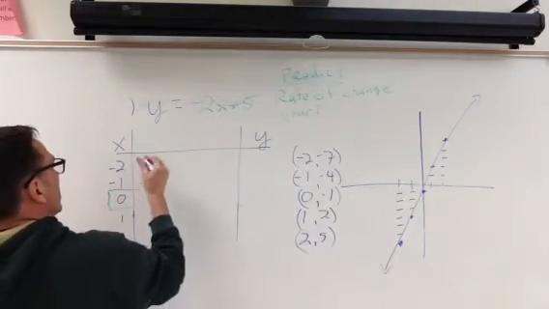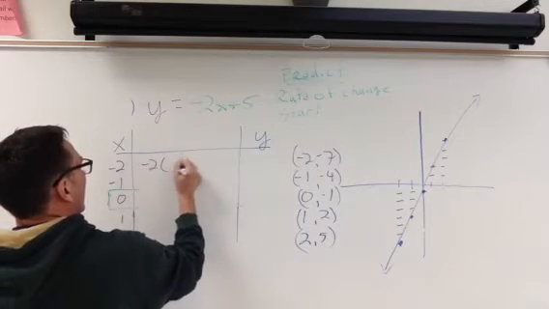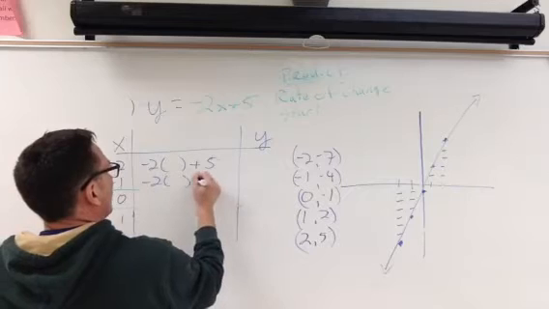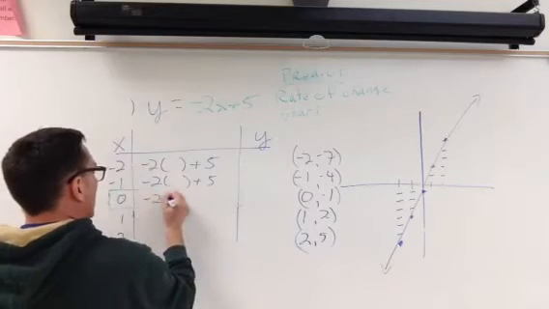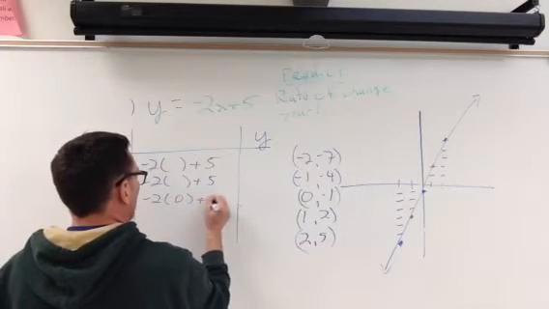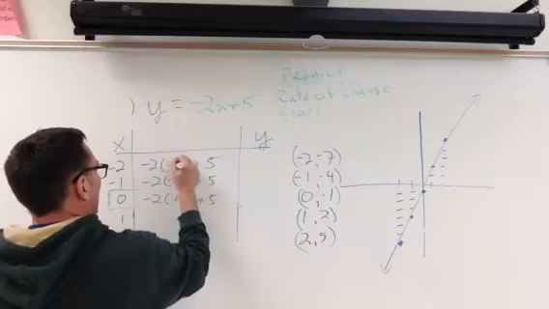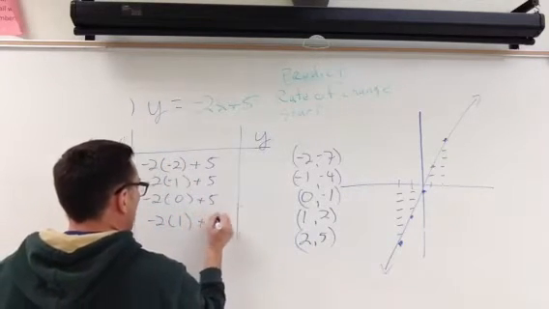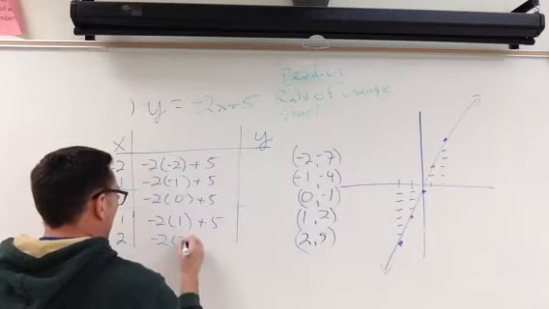So I'm going to be substituting all these numbers in, and so forth, and you're going to continue down doing this. If you notice, the only thing that changes is that x value.